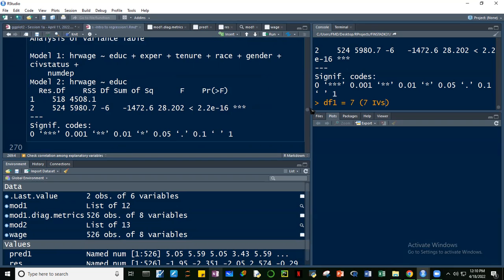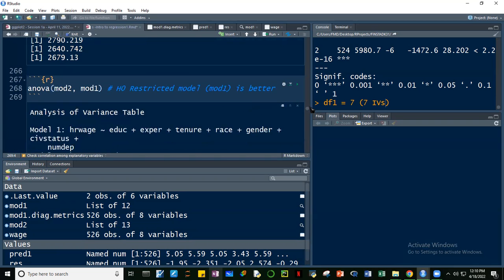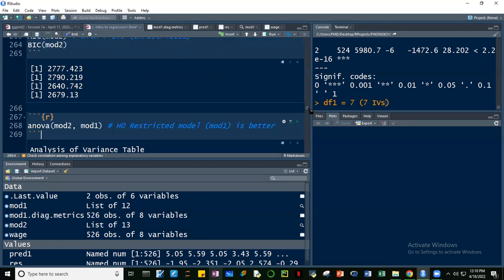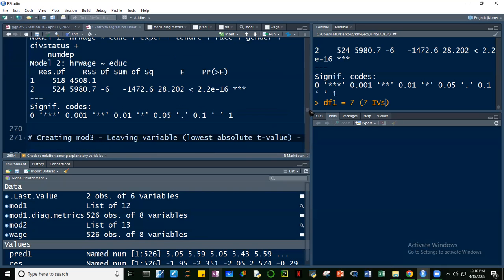So, binago lang yung order, pero ganun pa rin yung null hypothesis natin. Our null hypothesis is still that the restricted model is better. So, we reject that. We reject the null hypothesis that the restricted model is better. Therefore, yung unrestricted, yung mas maganda natin. So, mas maganda si Model 2.